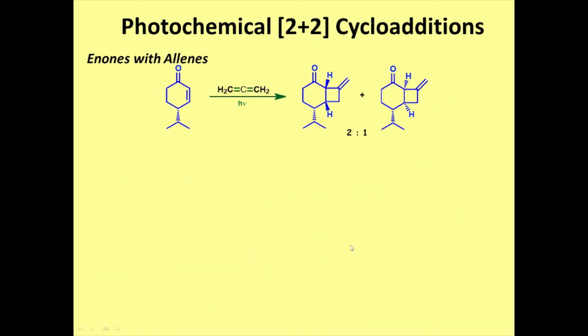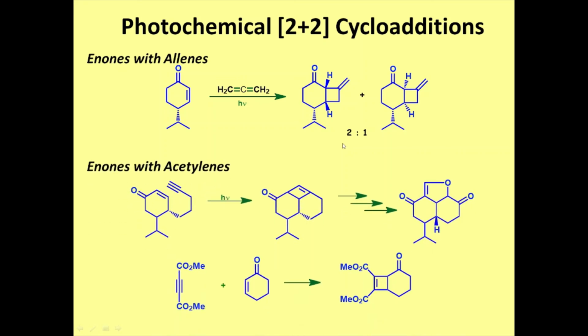Now we will see some enones reacting with allenes. So you can see the allene system under photochemical irradiation can form this mixture of compounds in a 2:1 ratio, and as I said, the less hindered side or transition state will be preferred in these cases. And this is another example, two examples rather, of enones reacting with acetylene.